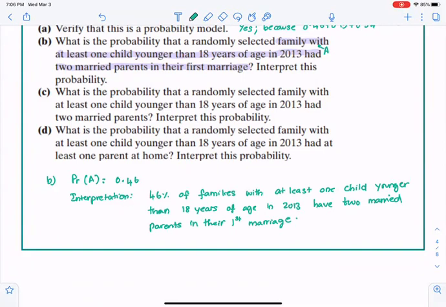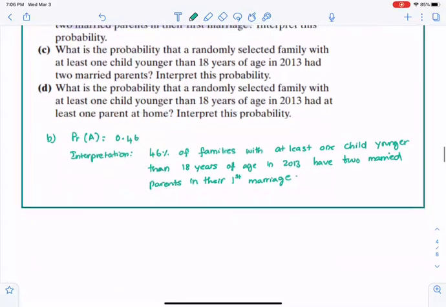So we're just giving a probability to what are the chances that a family would have at least one child younger than 18 and that child has married parents in their first marriage.